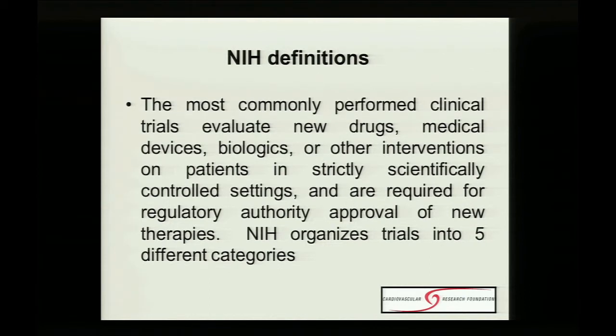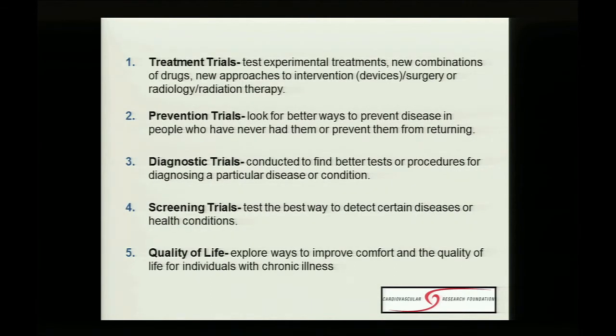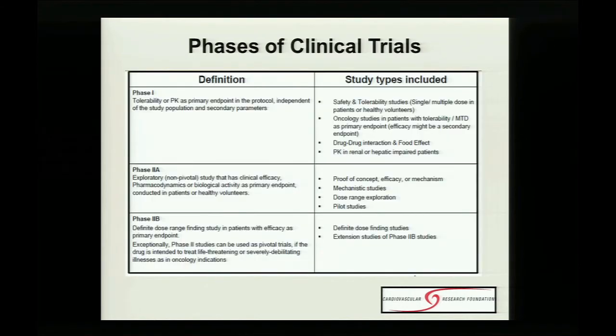The FDA and the NIH sometimes discuss and argue and keep defining the different studies, but we follow the definition of the NIH that divides them into 5 categories: treatment trials, prevention trials, diagnostic trials, screening trials, and those that are focused on quality of life.